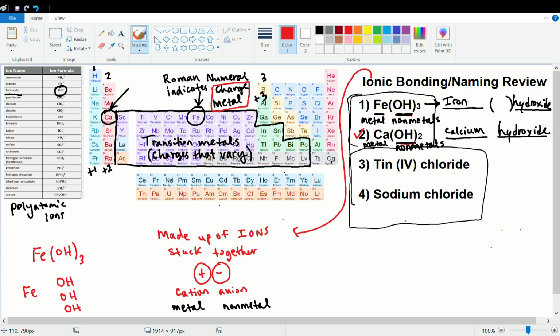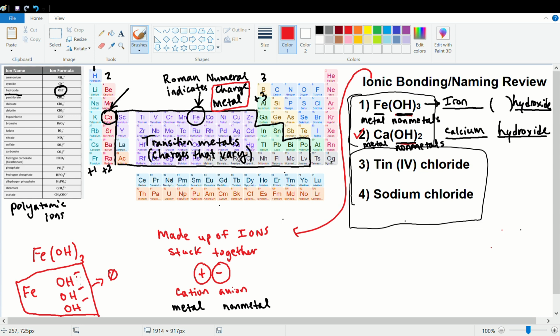And remember that we said that ions that are stuck together make up an ionic bond. So these OH ions are negatively charged, each -1. And so the total charge of the whole thing needs to equal 0.